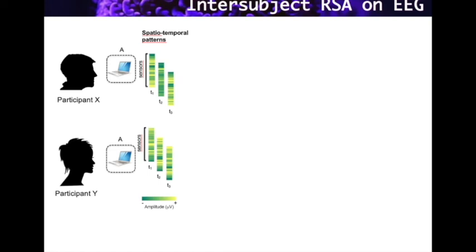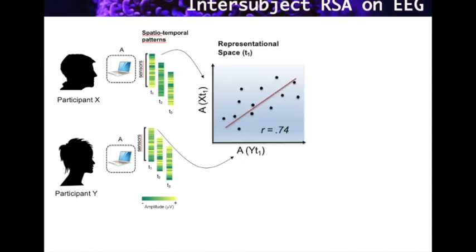and then we would proceed by simply collecting the vectors of spatial and temporal features that we discussed before. So what we need to do now is study how a given spatial vector at a specific time point correlates from one participant to the other.